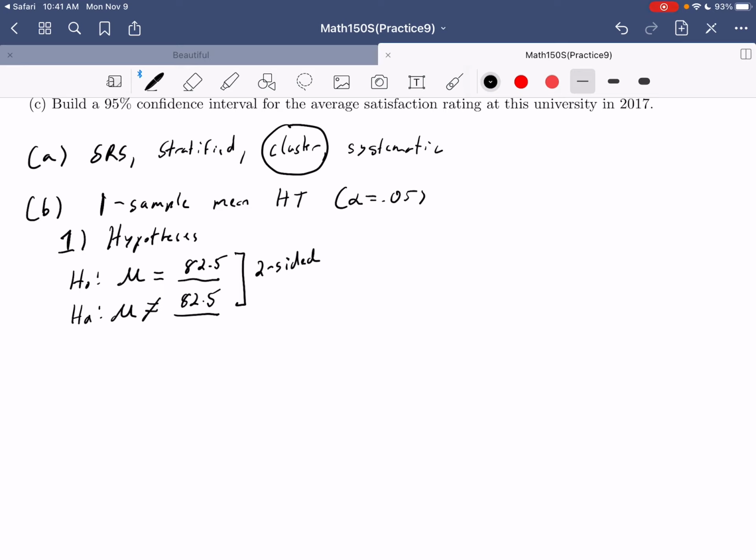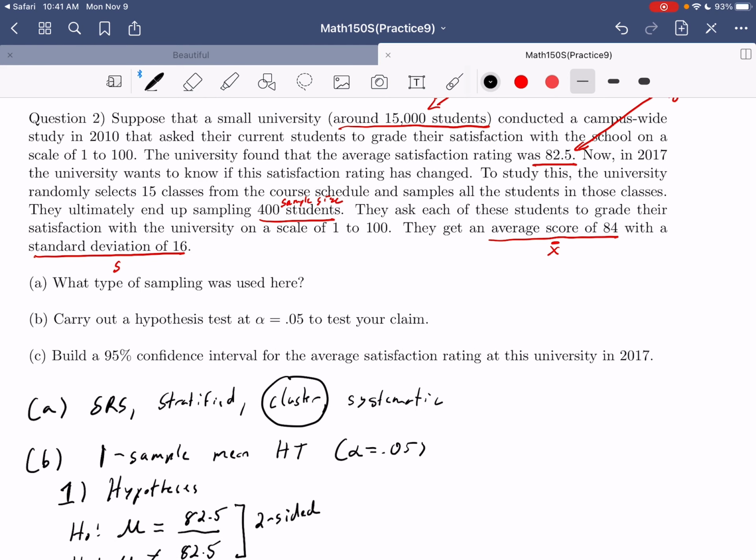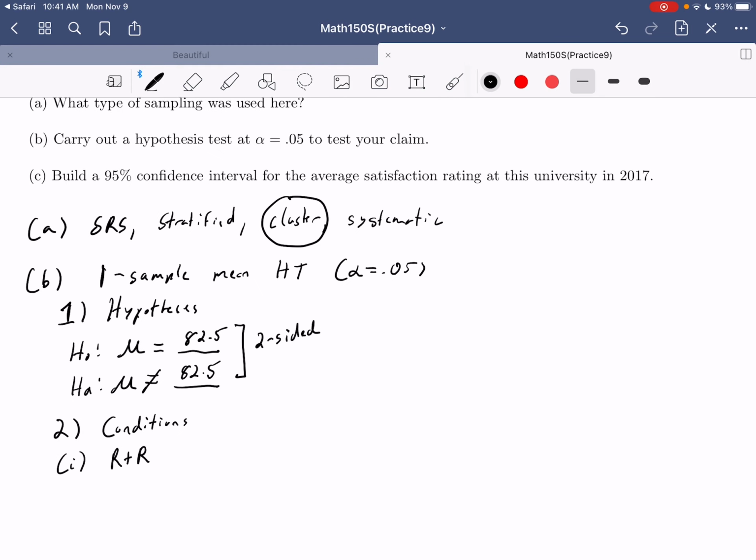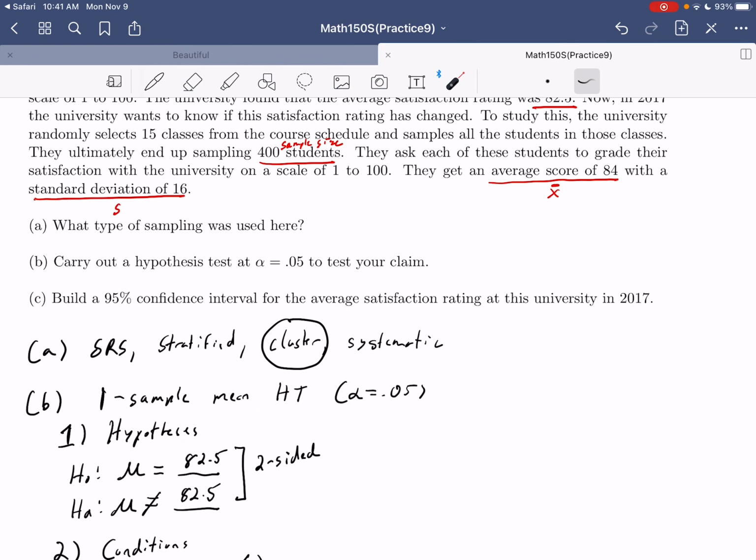All right, let's go ahead then and look at the conditions. So first condition needs to be random and representative. Well, it does say right here that they randomly selected 15 classes, so we have that stated. So we're all good with that. Second, we need to check that the sample size is less than 5% of the population size. We know the sample size, that we are always going to know that.